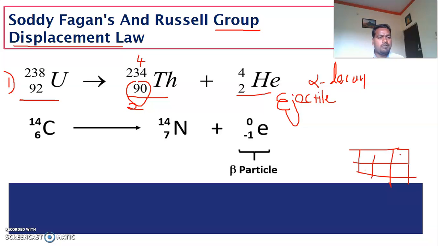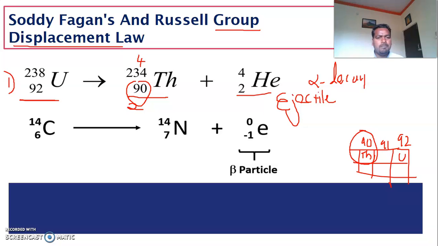If this is the position of uranium in the periodic table, with atomic number 92, and it undergoes alpha decay, then it becomes thorium.